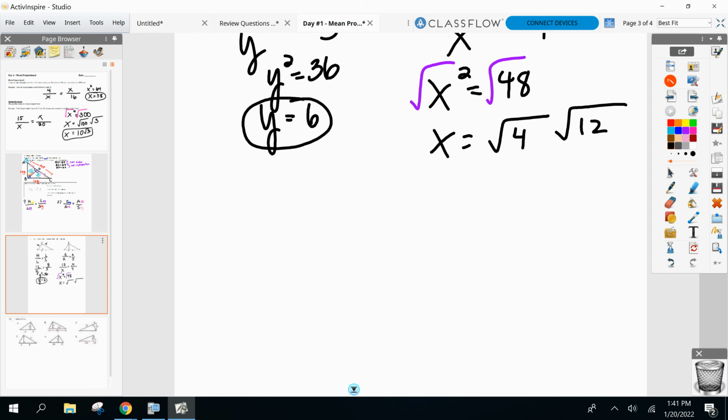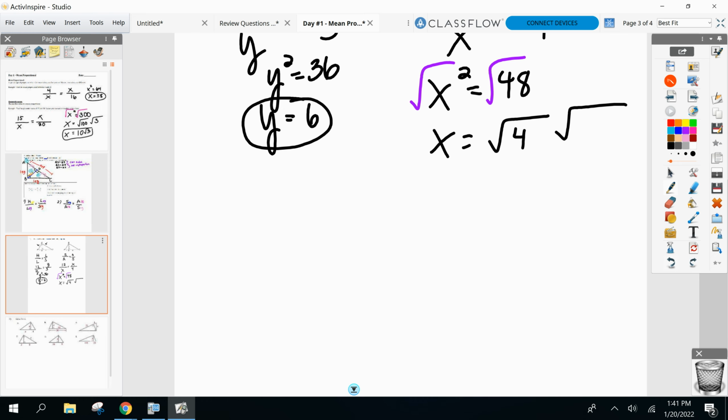Here's the answer. You look at the second radical. See 12? Is there a perfect square that goes into 12? If you're shaking your head yes, that means you didn't pick the biggest one. If there's a perfect square that goes into the second radical, you've got to keep going. You did not find the biggest one. So that's how you figure it out.